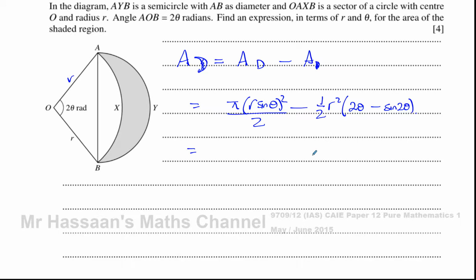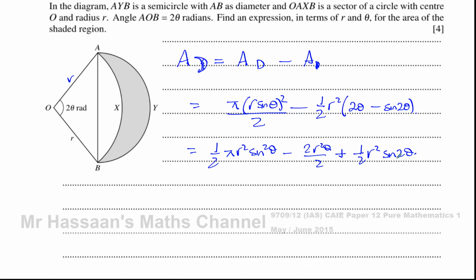So we could just expand this. So we'll have a half times pi times r squared times sine squared theta, minus a half times r squared times 2 theta. So you're going to have basically 2 r squared theta over 2, and minus times minus is plus a half r squared times sine of 2 theta.